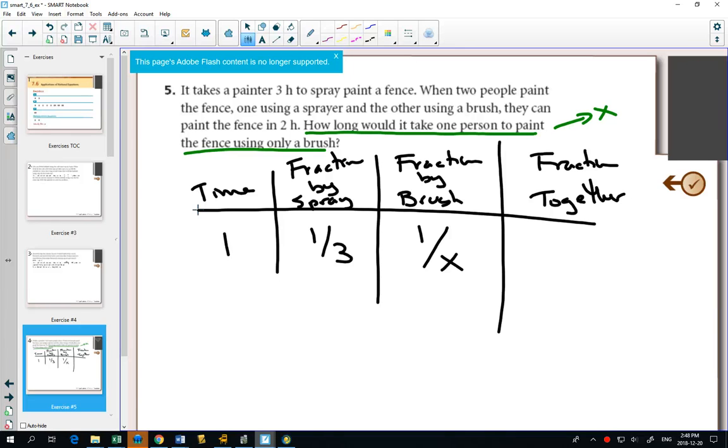Are they finished in an hour? No, they're not finished in an hour. How long does it take them to do it together? When two people paint the fence, one using the sprayer and the other using a brush, they can paint the fence in 2 hours. So together they would get half done in an hour.